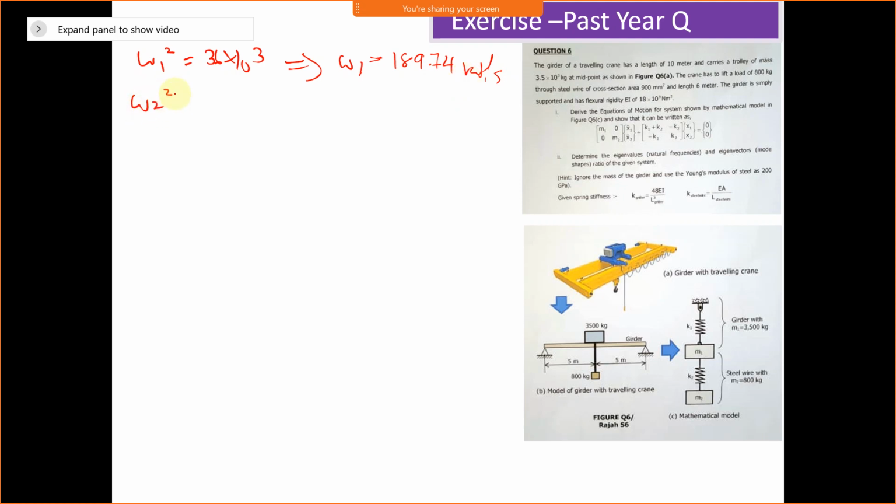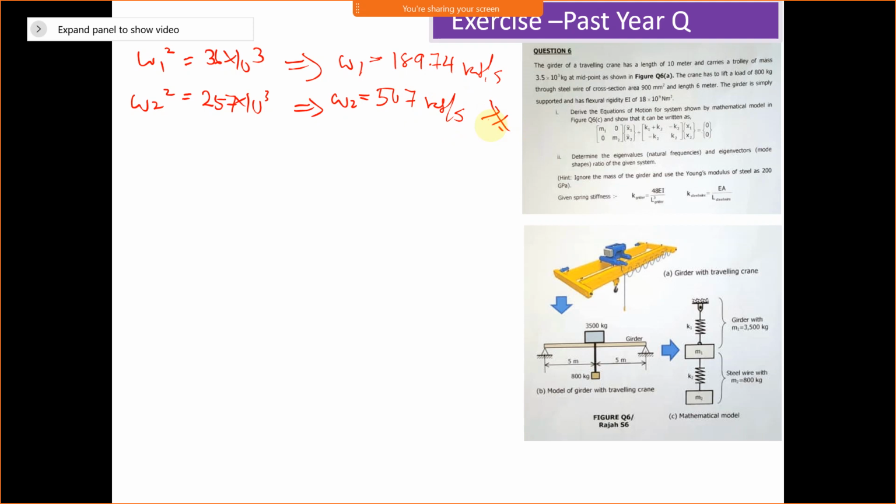And then omega 2 squared, then kita akan dapat 257 times 10 to the power of 3. Then square root kan dia, dan kita akan dapat omega 2 will be 507 radian per second. So that is our eigenvalues, which is natural frequency.